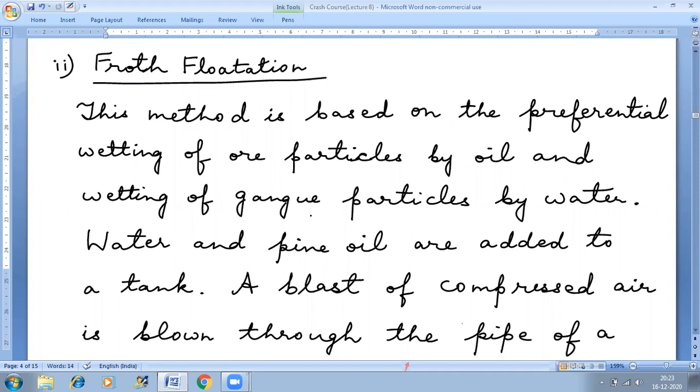Why preferential? Because selectively you are wetting the things. Some particles are being wetted by oil and some by water. The ore particles are being wetted by oil, and the gangue particles, the impurities, are being wetted by water.